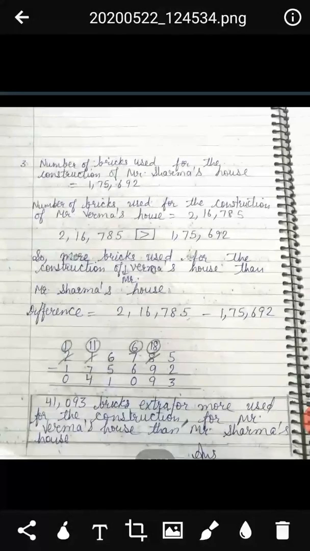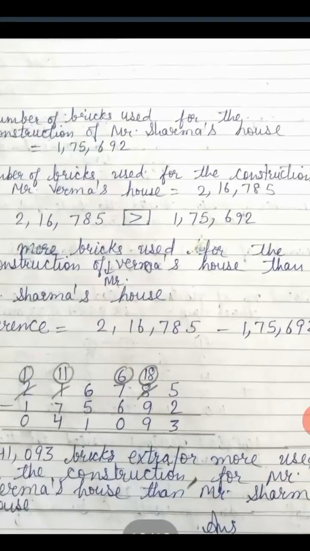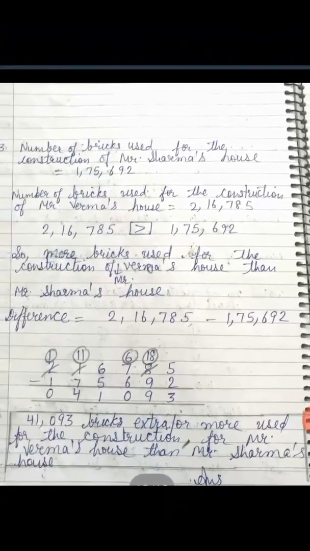First of all, write the given two numbers. First is the number of bricks used for the construction of Mr. Sharma's house, that is 1,75,692. And next they have given the number of bricks used for the construction of Mr. Verma's house, that is 2,16,785.